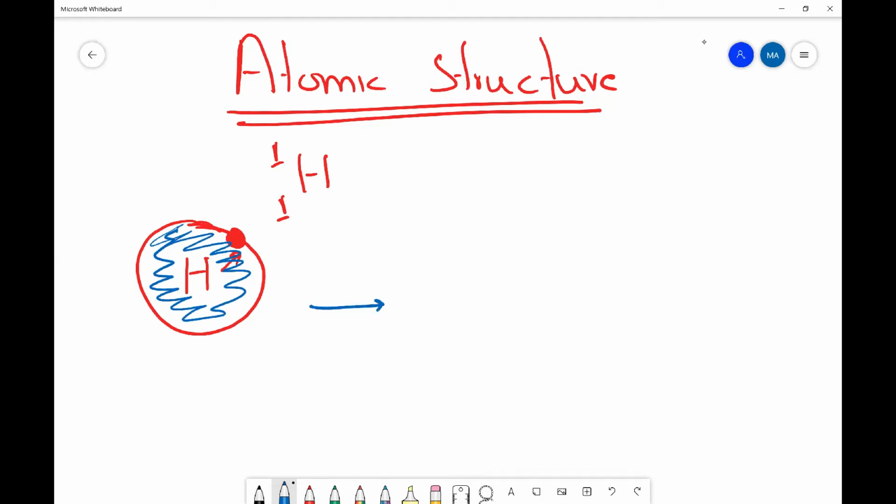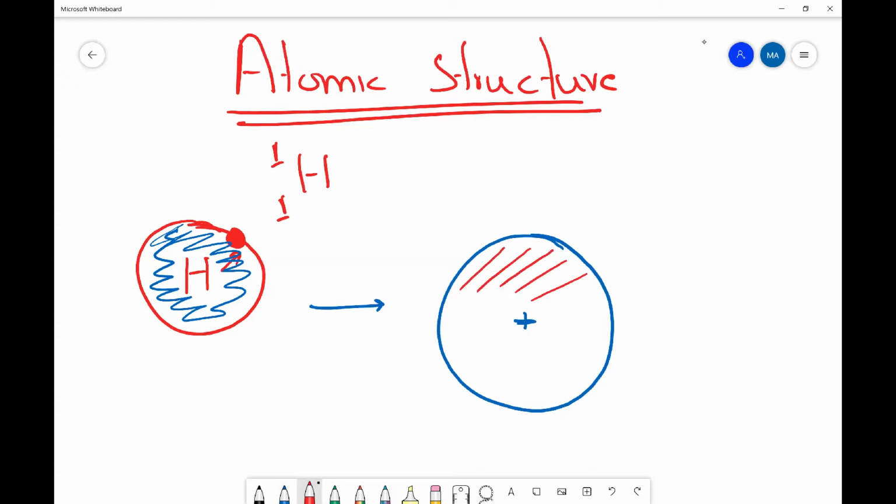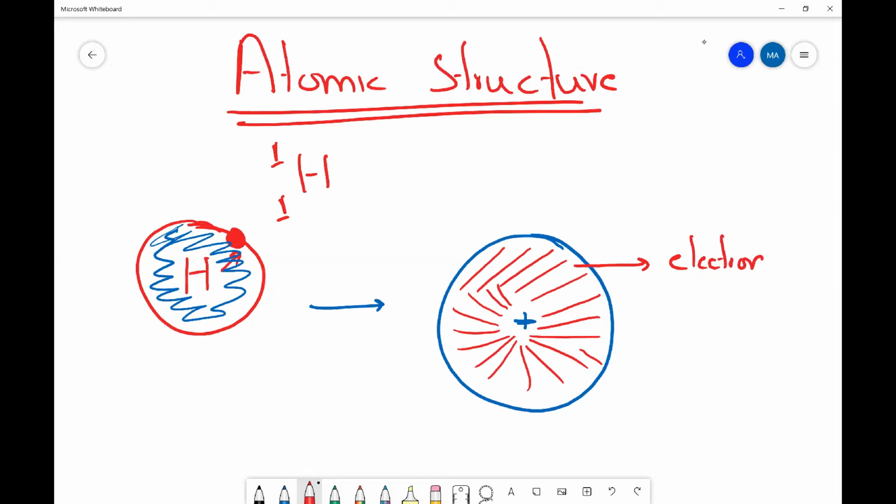If this is an atom, this is the nucleus, the positive nucleus. This entire region, the red region, is the space where you can find the electron. Getting it? So you can say that the electron can be found in this spherical region.